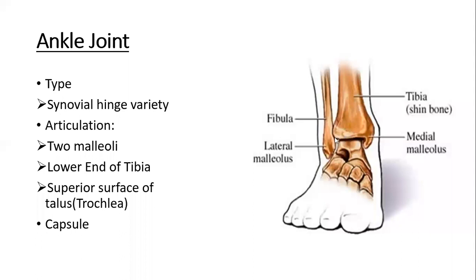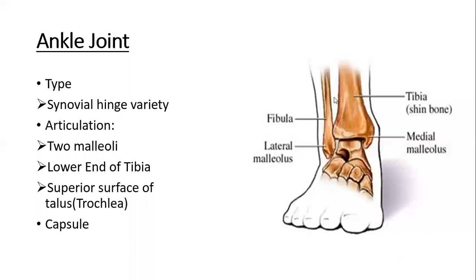Very often, what happens is that the cavity of the synovial joint extends upward so that it becomes continuous with the cavity of the inferior tibiofibular joint up till the interosseous ligament.